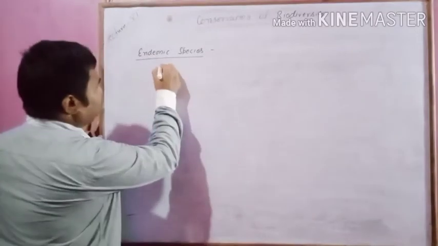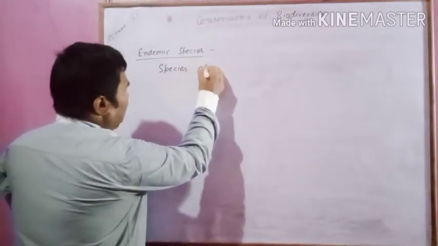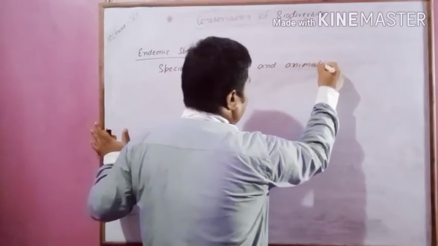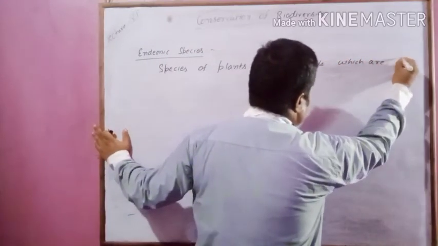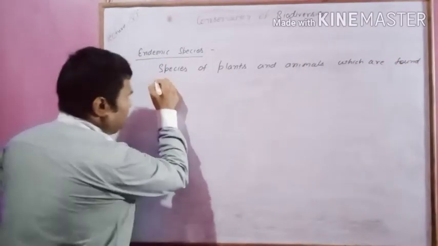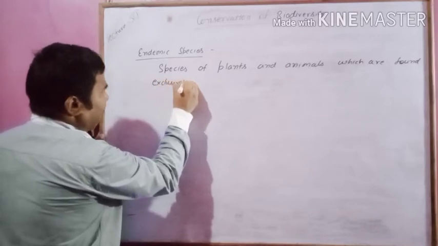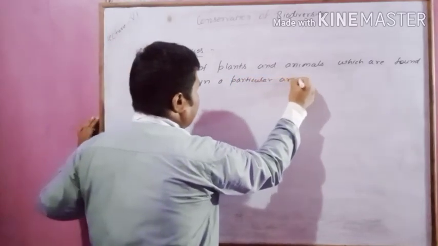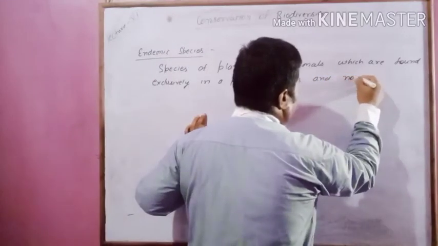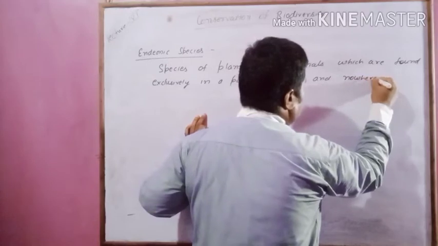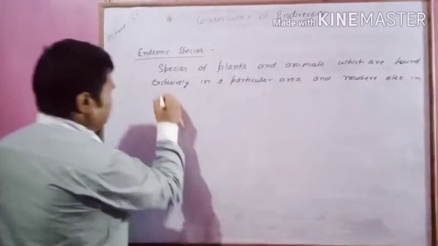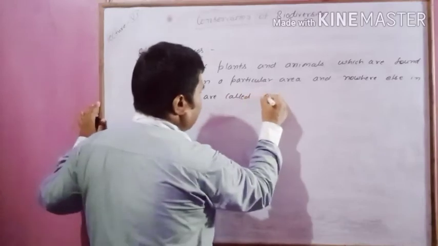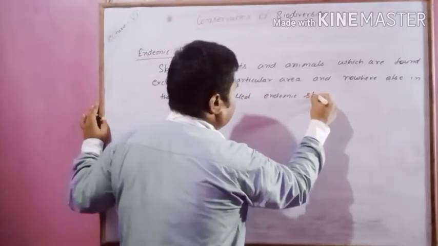So what is an endemic species? Species of plants and animals which are found exclusively in a particular area and nowhere else in the world are called endemic species.